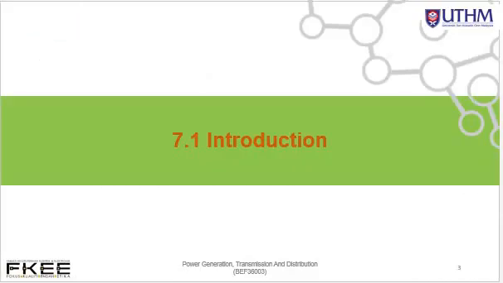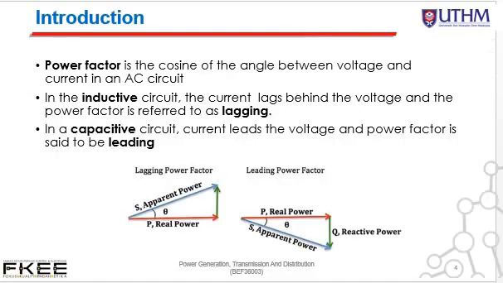Okay, let's begin with the introduction. So, what is power factor? By definition, it is the cosine of the angle between voltage and current in an AC circuit, or in other words, the power factor can also be defined by the cosine of the load angle.